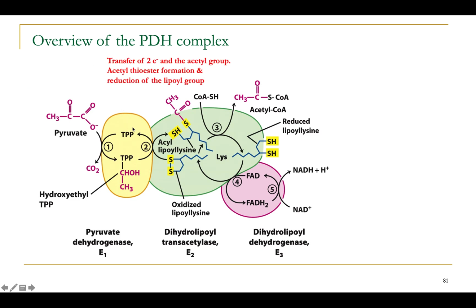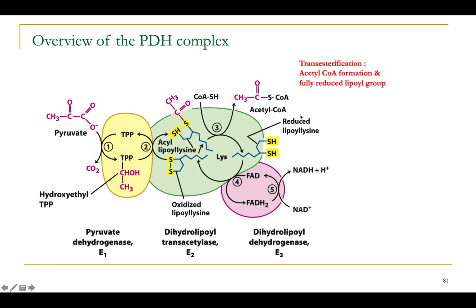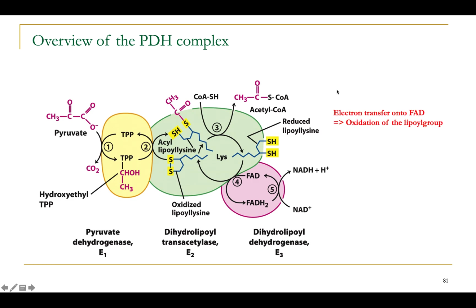Then the intermediate is used to reduce the lipoyllysine, transferring 2 electrons, then transacetylation occurs, or transesterification occurs, producing acetyl-CoA, and then the FAD is used to regenerate the lipoyl group, and finally the electrons released from this redox reaction are transferred, evacuated through NADH.